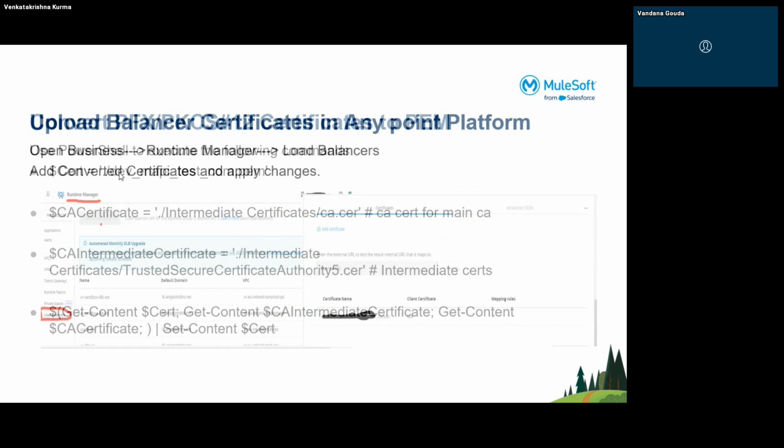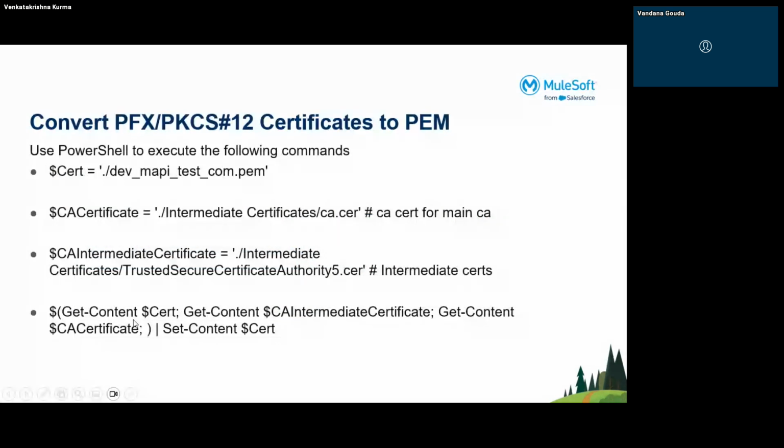This combines all the certificates into a single certificate in PEM. So Get-Content of the cert, the intermediate certificate, and the root certificate into the actual certificate. This is the way we can combine it.